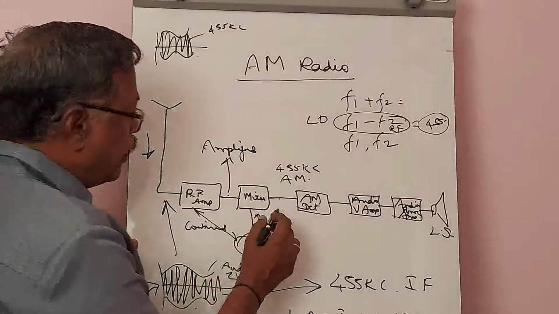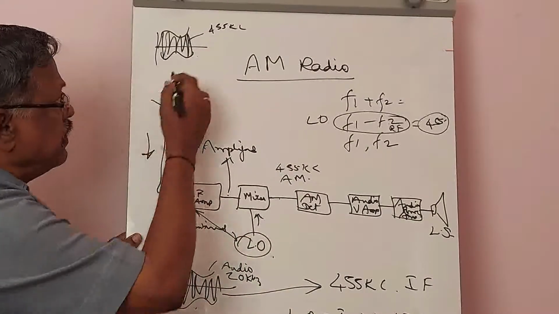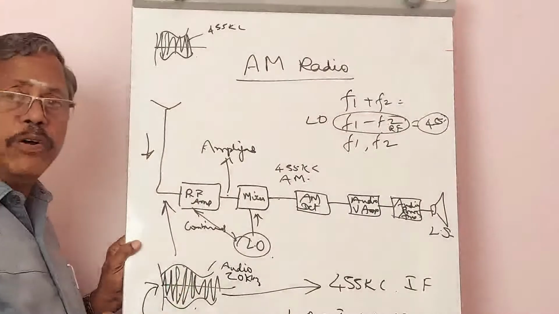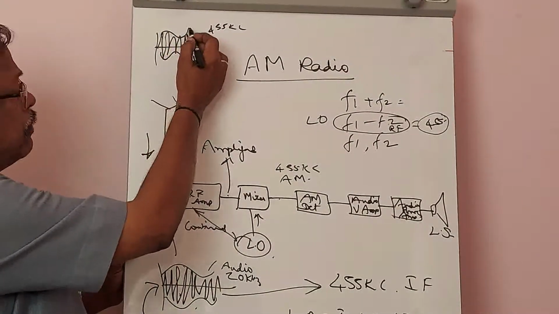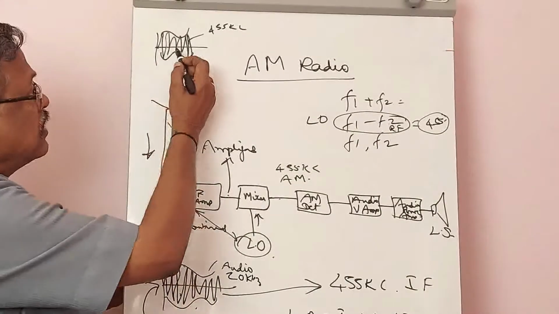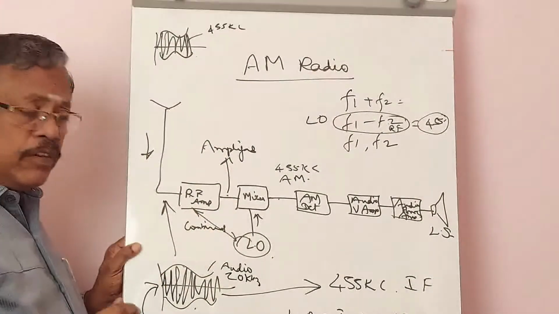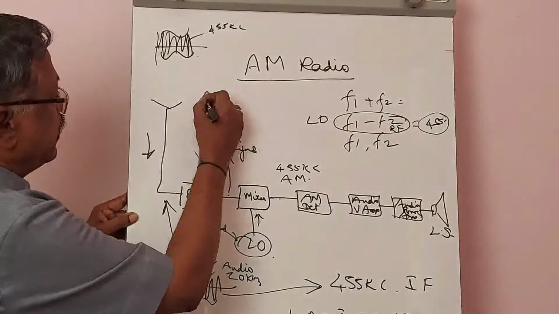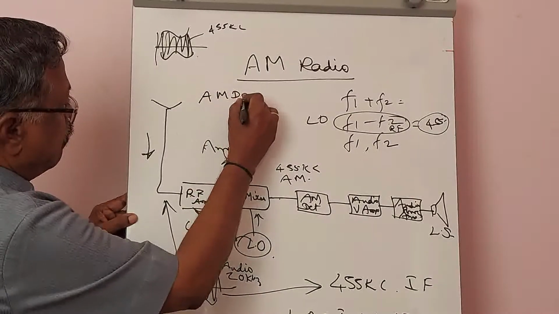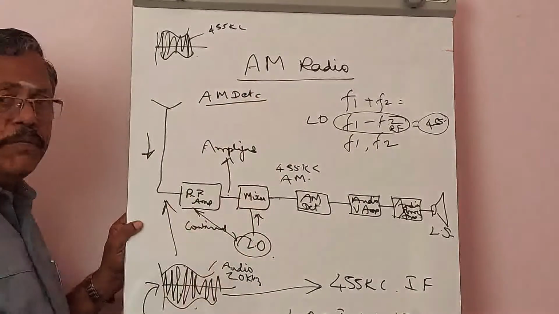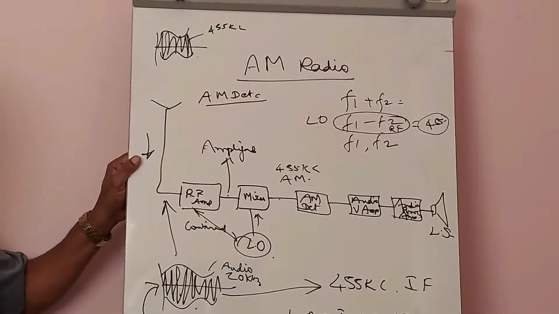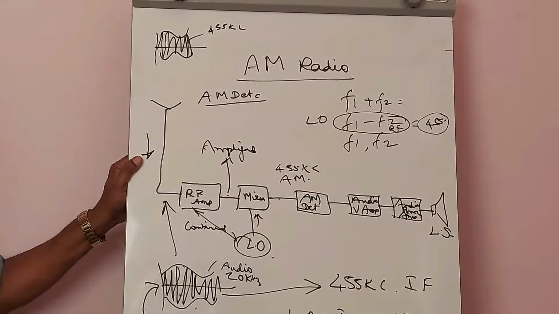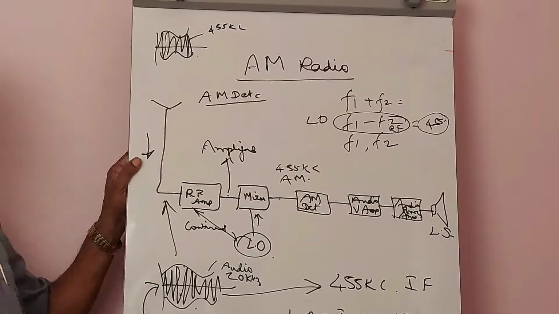Then coming to the point, after receiving this, we are supposed to demodulate. What to demodulate? We are interested in the envelope of the signal. We are not interested in 455. For that, we are going to use an AM detector. An AM detector is nothing but, it is an amplitude modulated signal, therefore simply pass the signal to a diode.